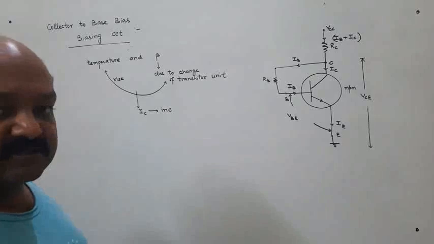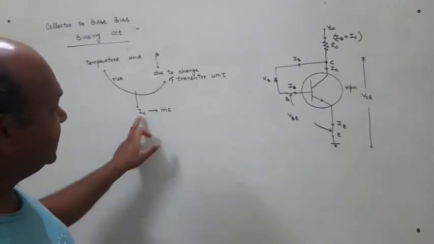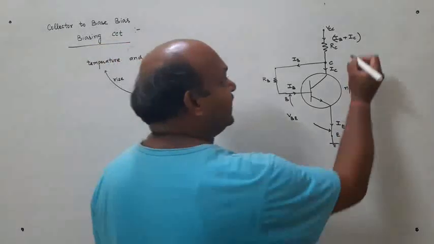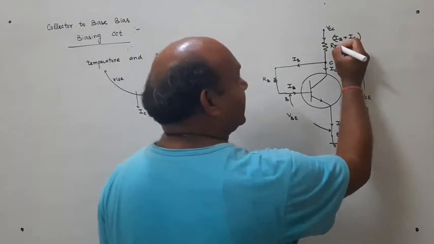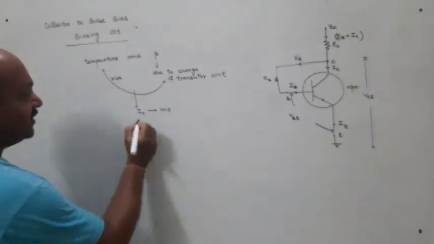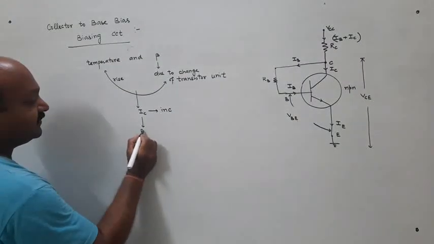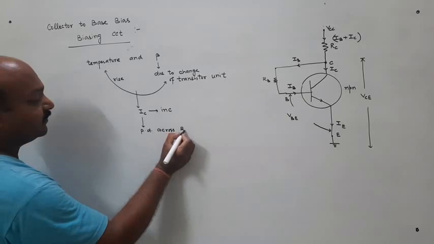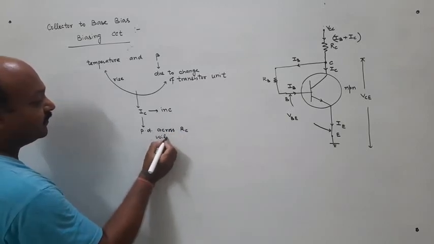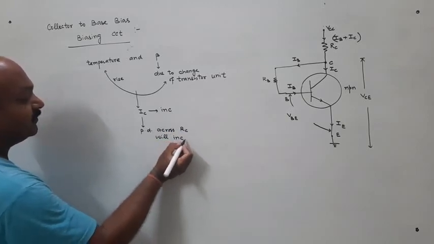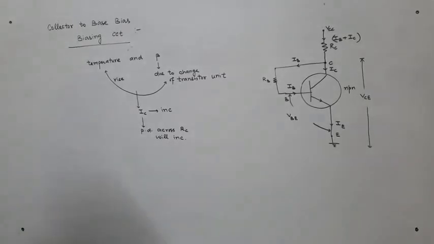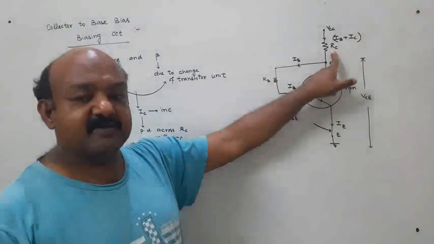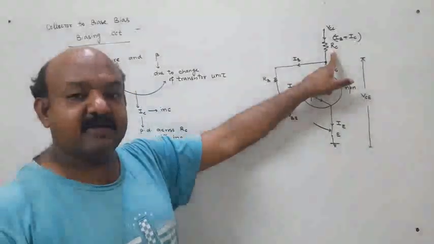Now we will see this. If IC increases, the potential difference across RC will increase. If this current increases, the potential difference across this resistor will increase.